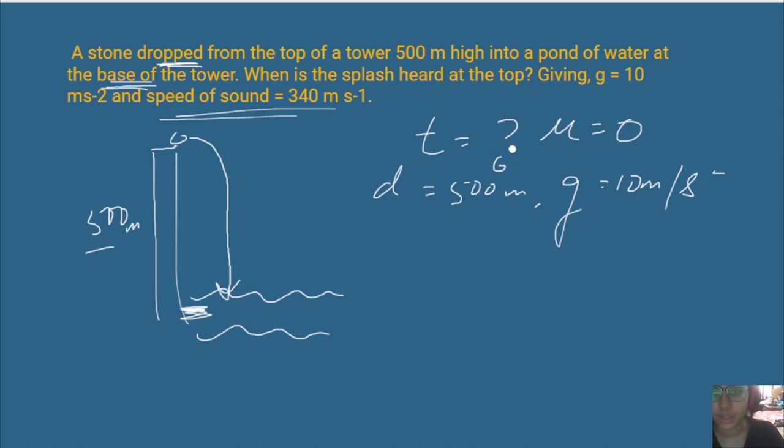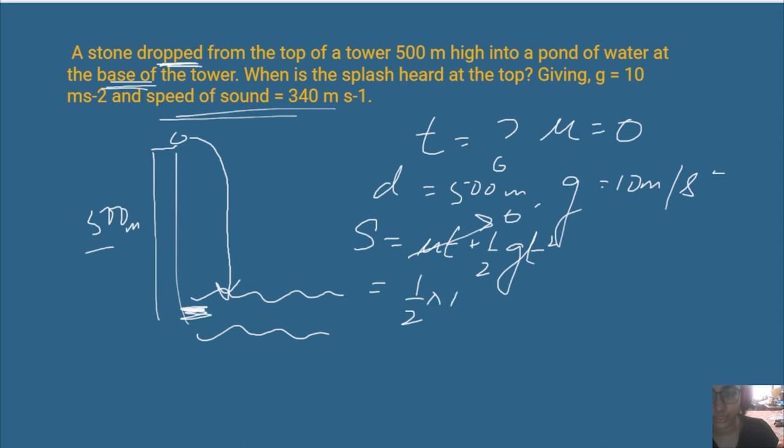So what we can use is S equals ut plus half g t square, and u is 0. So what we'll get is half into g into t square. We know S is 500 here.